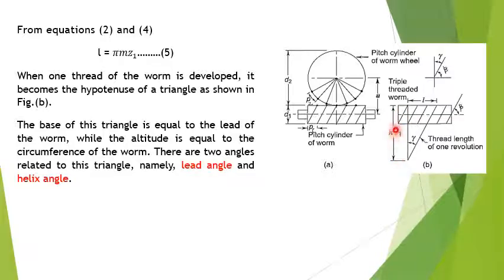So the altitude is pi d1 and this base is equal to the lead of the worm. Now there are two angles related to this triangle. One is the lead angle and the other is called the helix angle, which we are going to see in the coming slides.